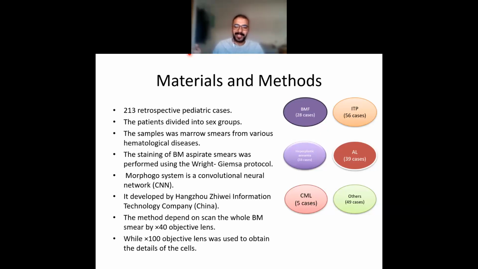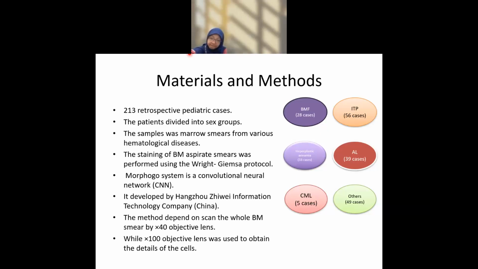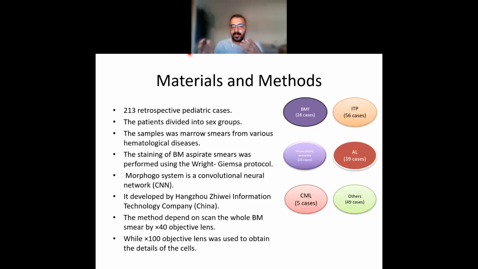We talked about CNN many times. And this instrument was developed by Hangzhou Zhaoyi Information Technology Company in China, which is interested in developing AI systems in pathology and in diagnosis or detection of this disease.